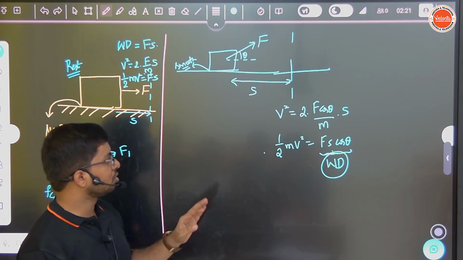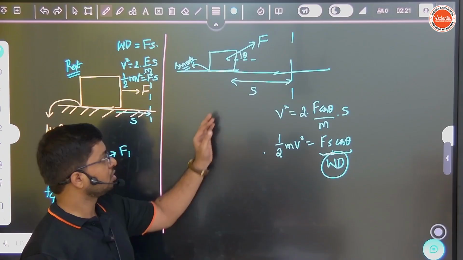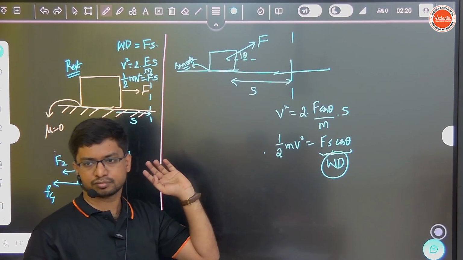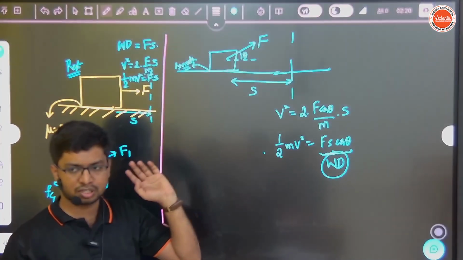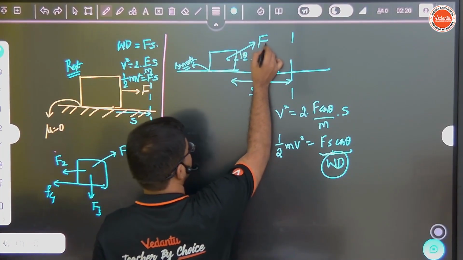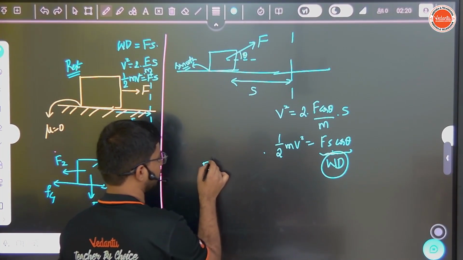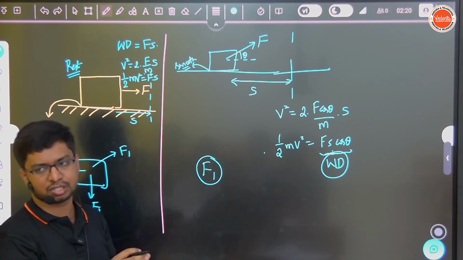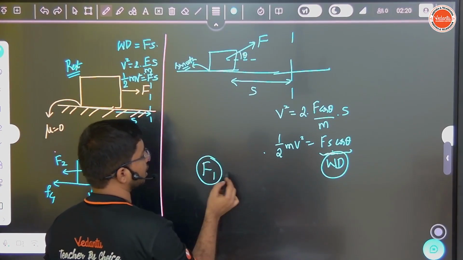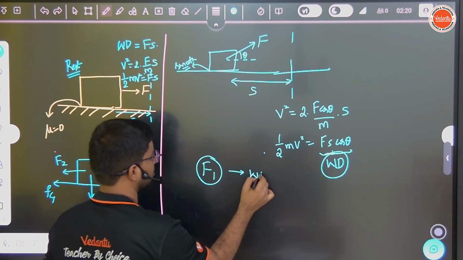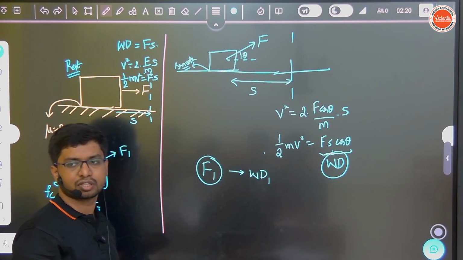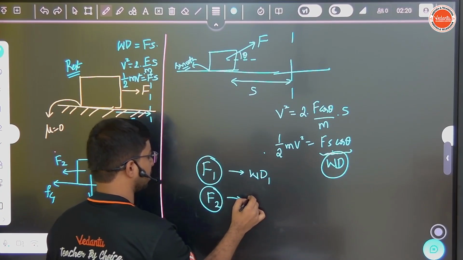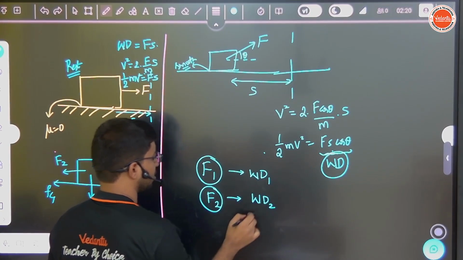Now the same should be valid even if I am applying multiple forces over here. Getting the point or not, right? So let us say when only force F1 is applied here, you will get some work done WD1, right? And when only F2 is applied here, you will get some different work done.